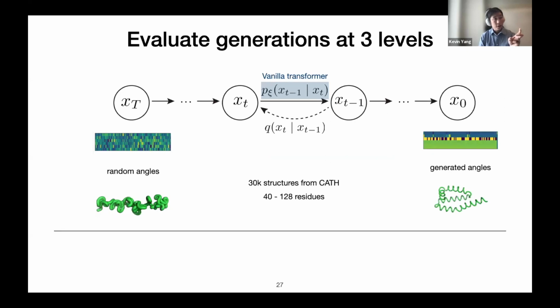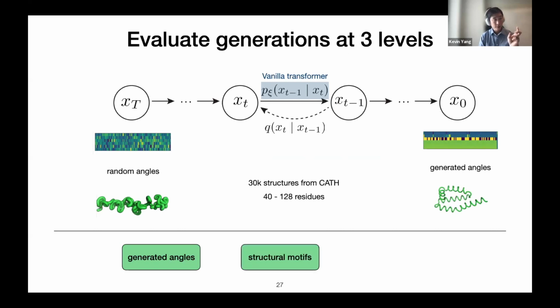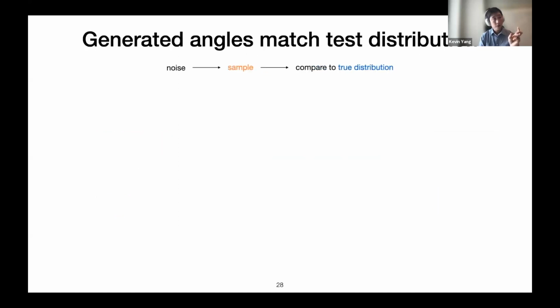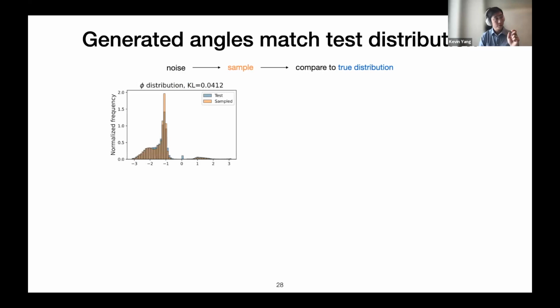And we want to evaluate these generations at three levels. We want to look at the generated angles themselves, the structural motifs, and the overall structures. So first, we start from noise, we sample, and we compare to the true distribution of angles. So we're just looking at the individual angles. For each of those six angles, we look at the empirical PDF and compute a KL divergence between the test set and what we sample, and lower is better.